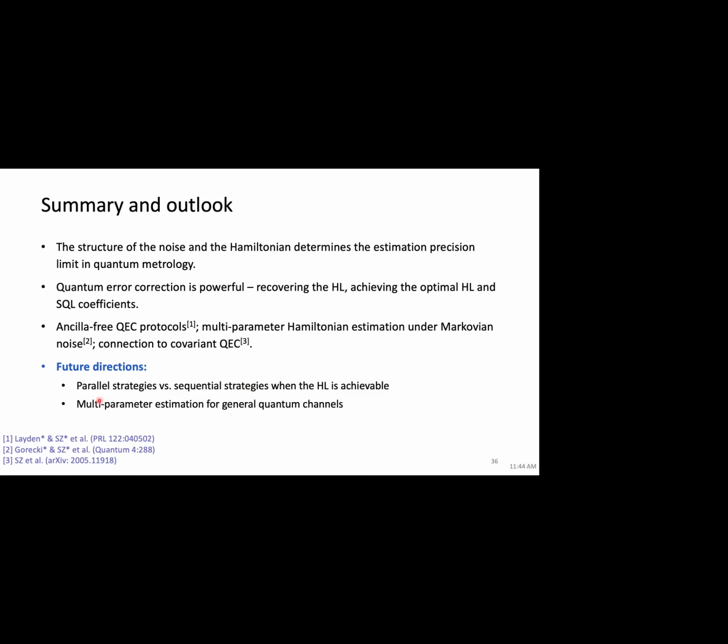Another direction is to develop a general multi-parameter estimation theory for general quantum channels, because in this paper we only solve it in a special case, but in general, no one knows what's going to happen. And also we could consider what happens if there's noise in the error correction part. That's more complicated.